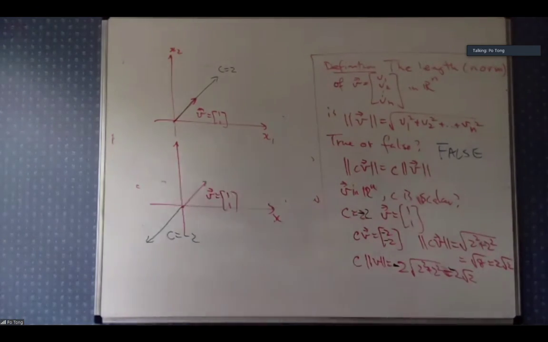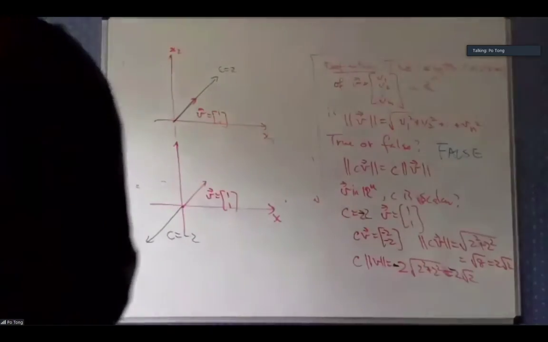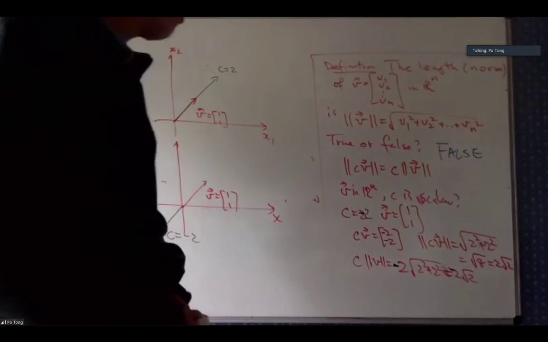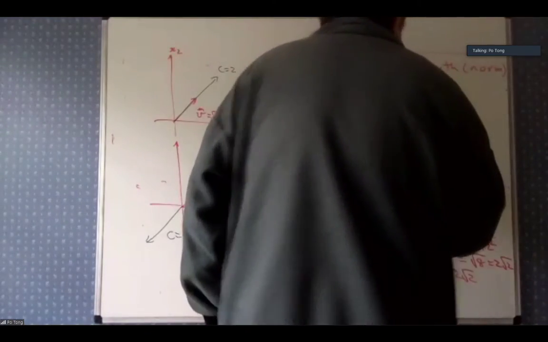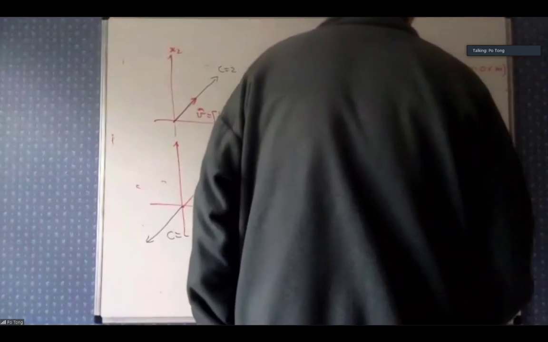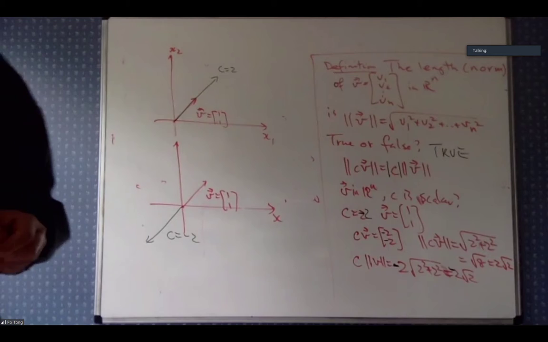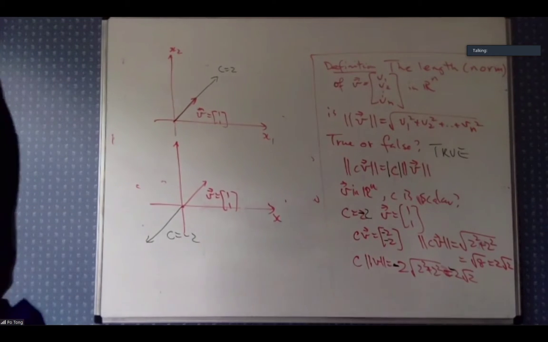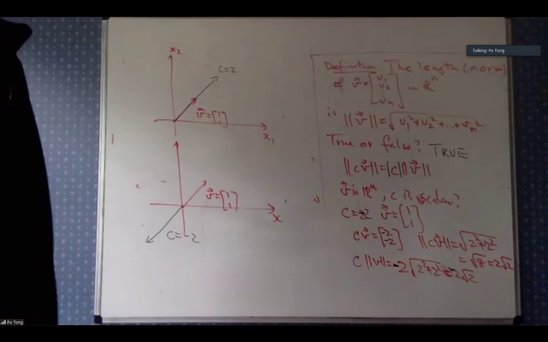Actually, I can modify this to make it work. I'm going to say that the length of cv is equal to the absolute value of c times the length of v. Then it will work. That becomes true. Are you guys with me? If you think about it geometrically, you can see that pretty easily.